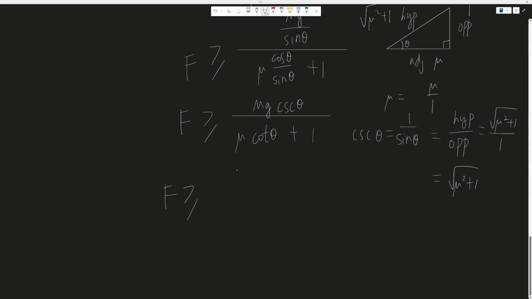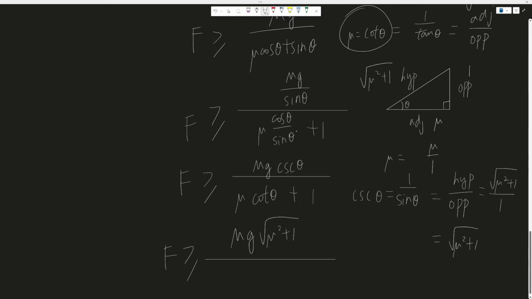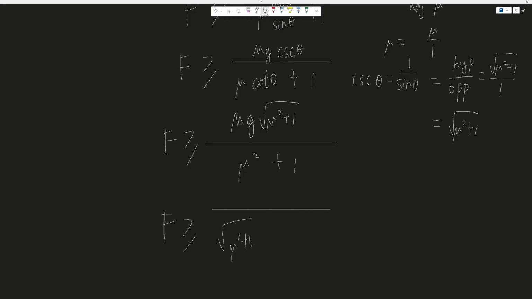So F is bigger or equal to mg times the square root of mu squared plus 1, over, since cotangent theta is mu as we said here, mu times mu, which basically becomes mu squared plus 1. And then we can cancel a square root here because mu squared plus 1 is basically the square root of mu squared plus 1 times the square root of mu squared plus 1, right?